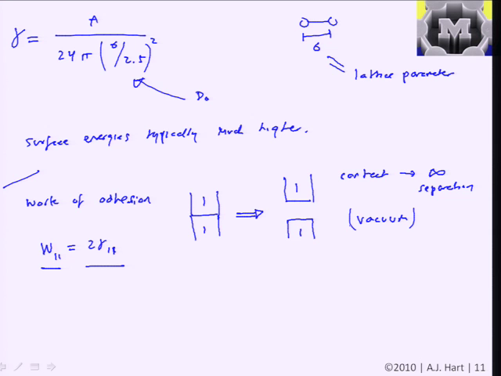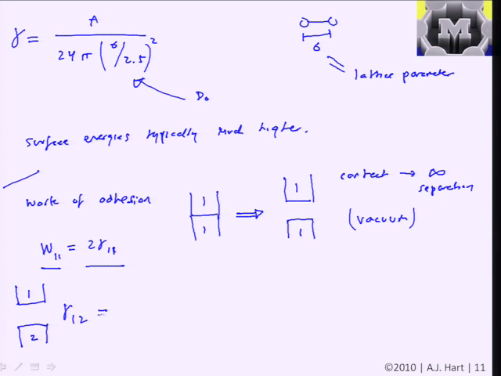But now let's think about what happens if we have two different materials, or we want to understand how to get a picture of the surface energy between two different materials. So if we want to think about what the surface energy is between two different materials, or two identical surfaces made of different materials, we'll call this gamma 1, 2.